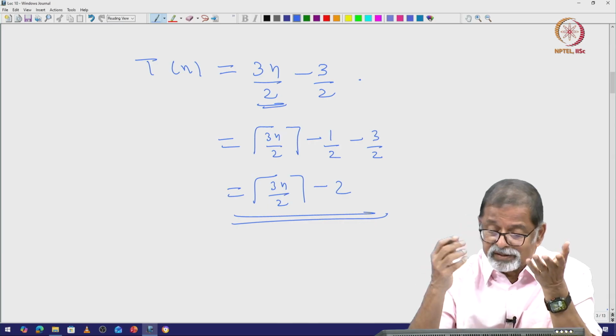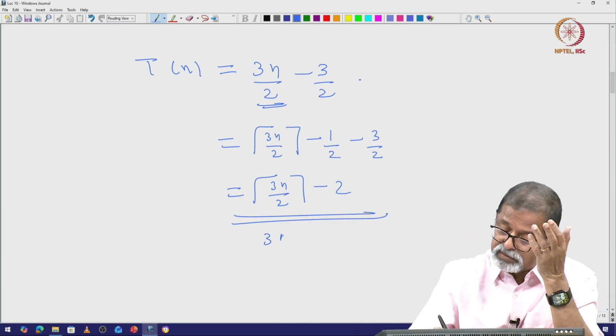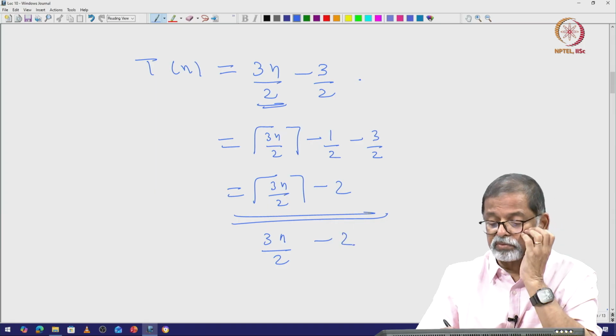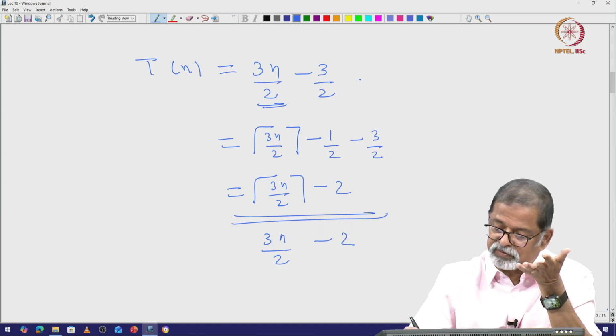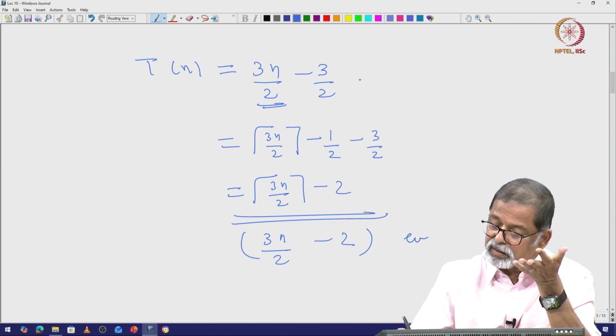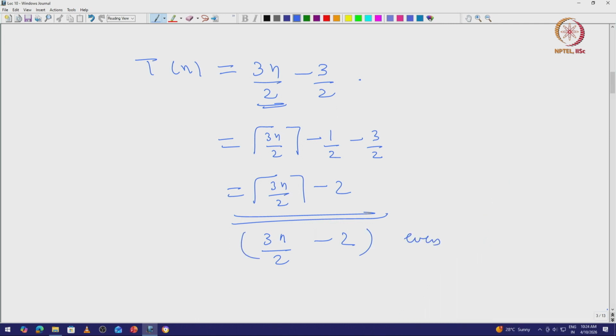When it is even, it is 3n by 2 minus 2. When you take CL, you get the same value. This is for even; n by 2 is an integer, so this is the same as CL 3n by 2 minus 2.